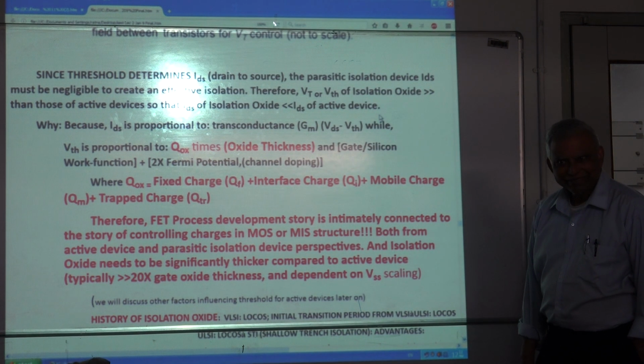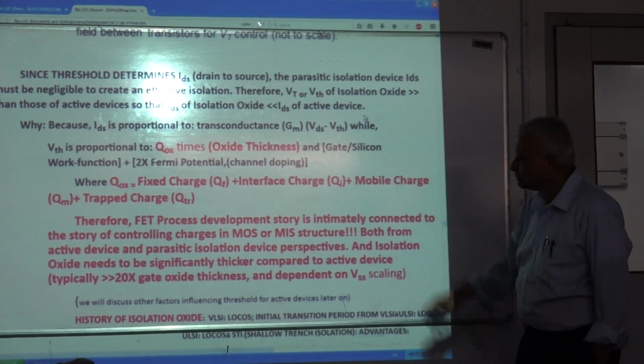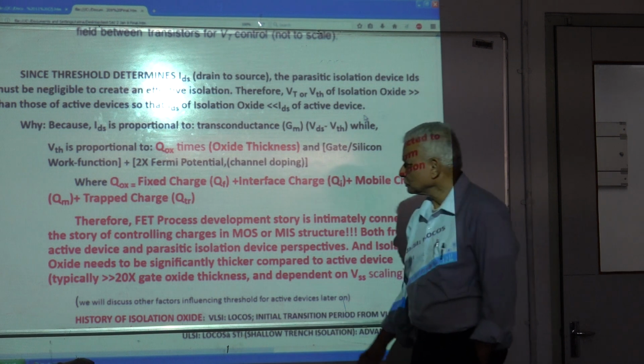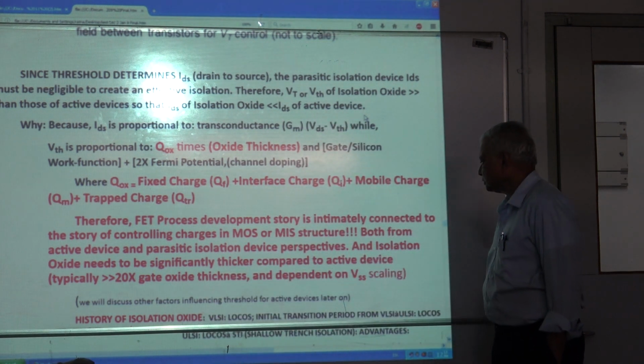So now you know why you make the isolation so thick, right? Simple, fundamental device physics. We'll discuss other factors, including threshold, later on.